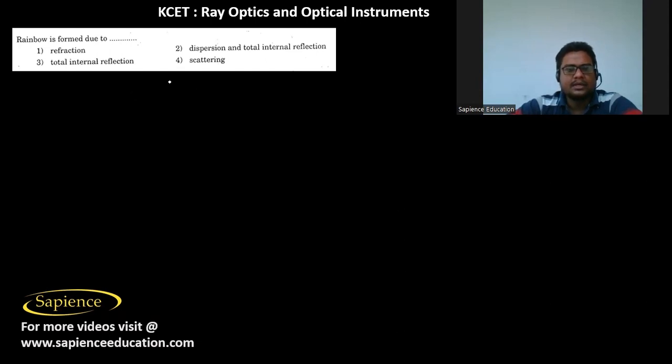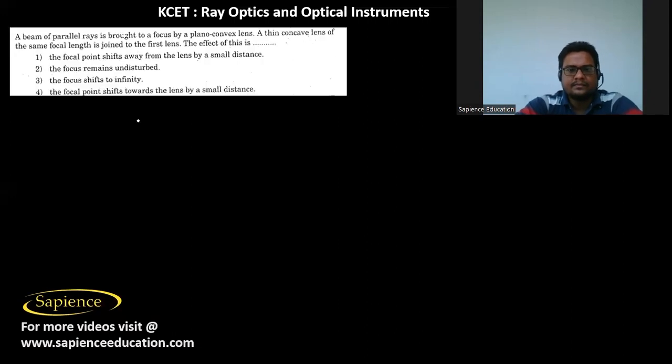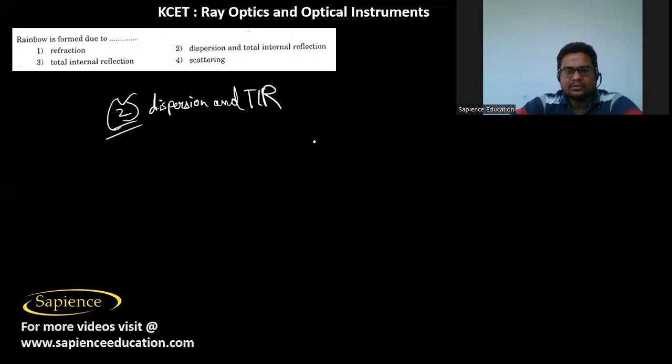Rainbow is formed due to dispersion and total internal reflection, so option 2 is the correct answer. Since in a rainbow, the raindrops are acting as prisms. So here we have dispersion, and inside we have total internal reflection. So then we will see the rainbow.